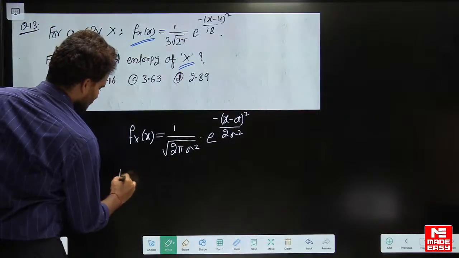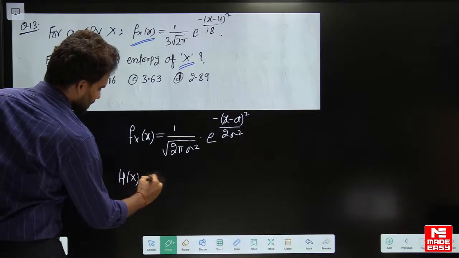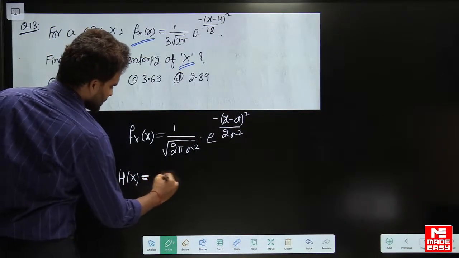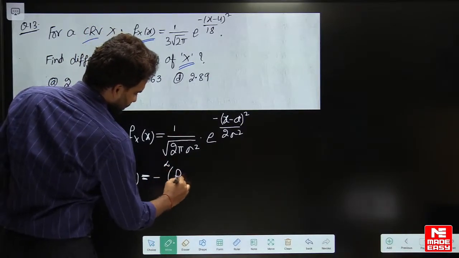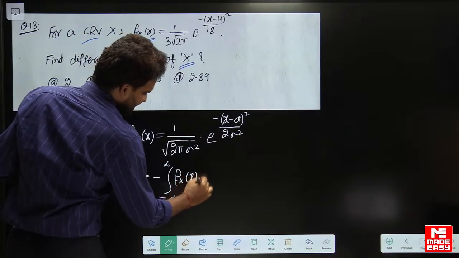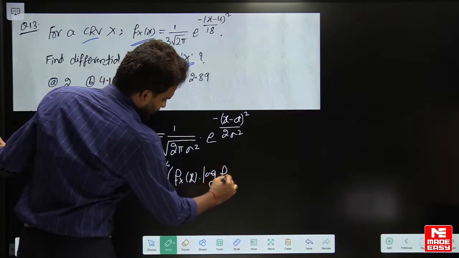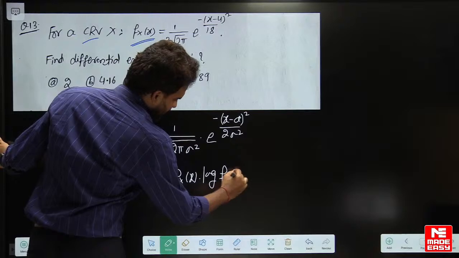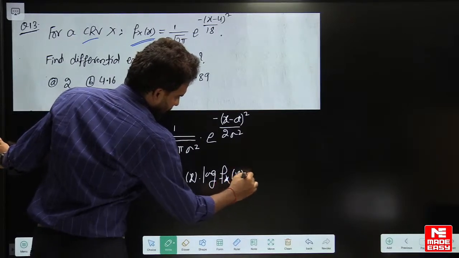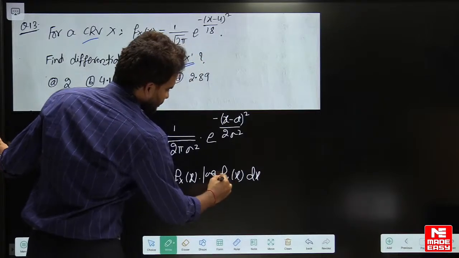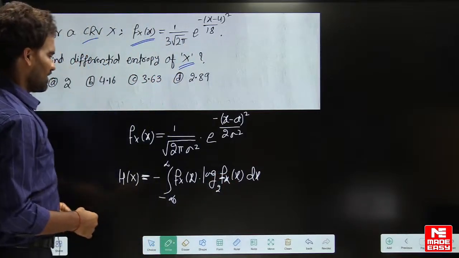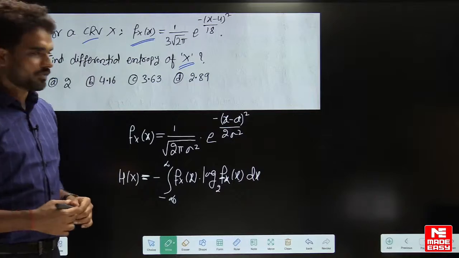And the differential entropy of this Gaussian random variable X is given by minus integration of f_X(x) log f_X(x) dx, and the base will of course be 2.